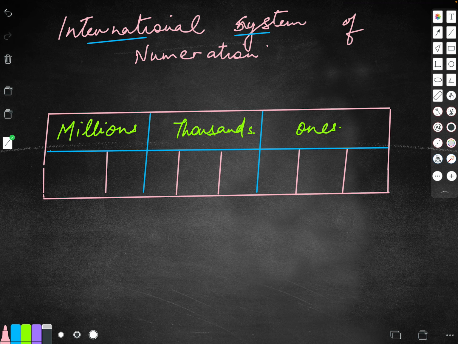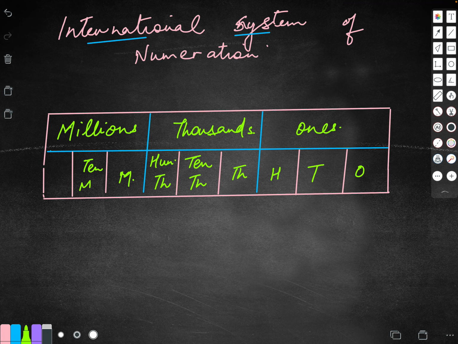Listen carefully, we have 3 places in each period: ones, tens, hundreds, thousands, 10,000s, 100,000s, millions, 10 millions, 100 millions.